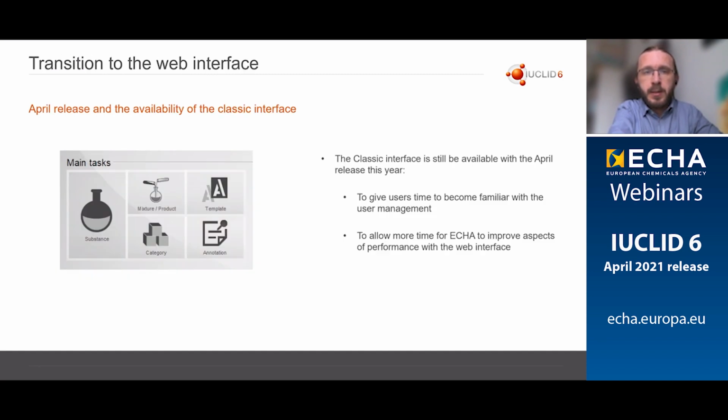I said that we are finalizing the transition to the web interface, but in this April release, you will still be able to access the classic interface because we want users to become familiar with features that have been recently introduced, like user management, for example. And it will allow also more time for ECHA to improve some aspects of the performance with the web interface. Although these performance aspects have been improved in the past, there are still some areas that will need some additional work.